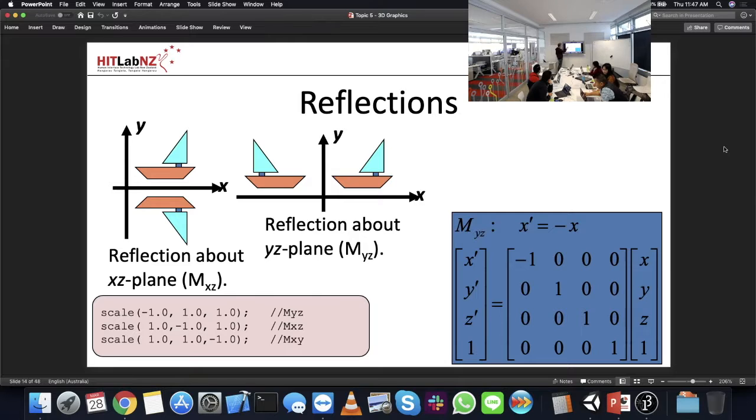So multiplying by -1 will flip it across the y-axis. If we want to flip across the y-z plane, we multiply by -1 in the x-axis and so on and so forth. And this is what the mirror thing looks like. So this is flipping in the x-axis, so doing this operation, we have a -1 there. So x will equal -x.